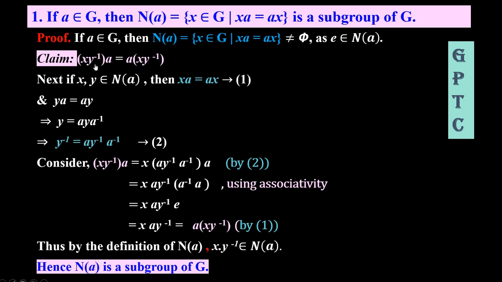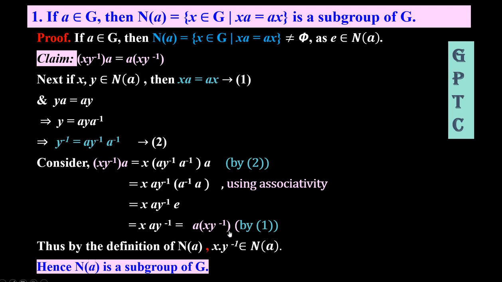Now this is what we have to establish, for which we consider XY inverse A. We use associativity, and replace Y inverse by the expression from equation 2, and then associativity is used so that you have this step, and A inverse A is E. So this becomes just XAY inverse, and again from equation 1, this XA can be rewritten as AX.